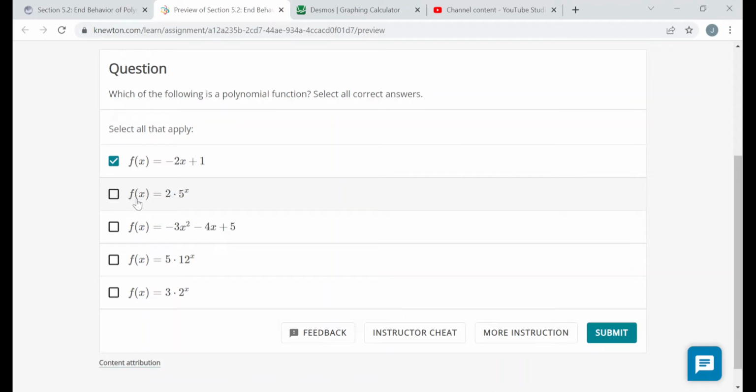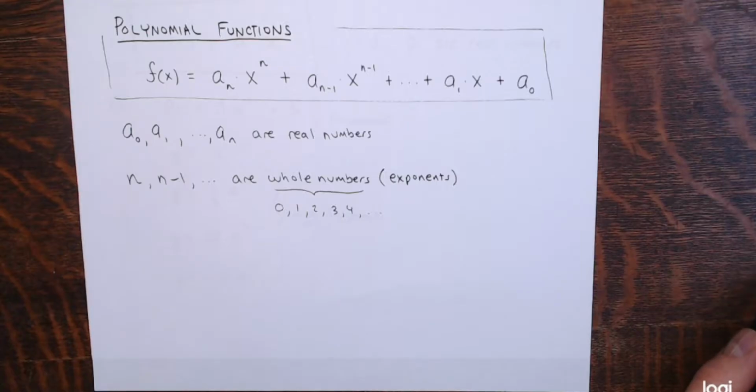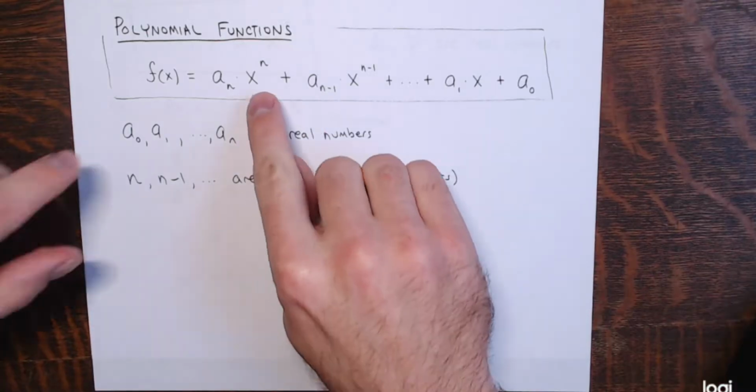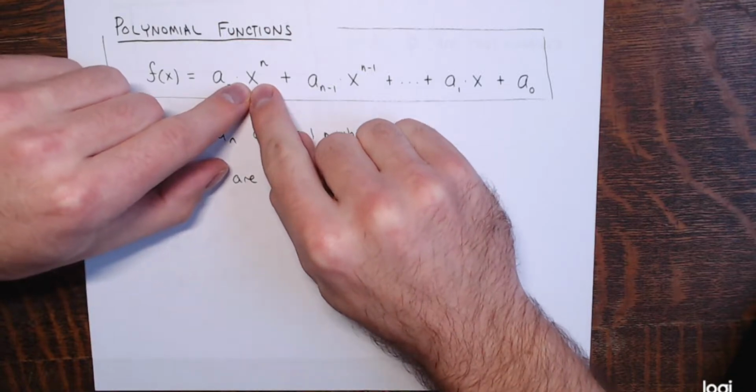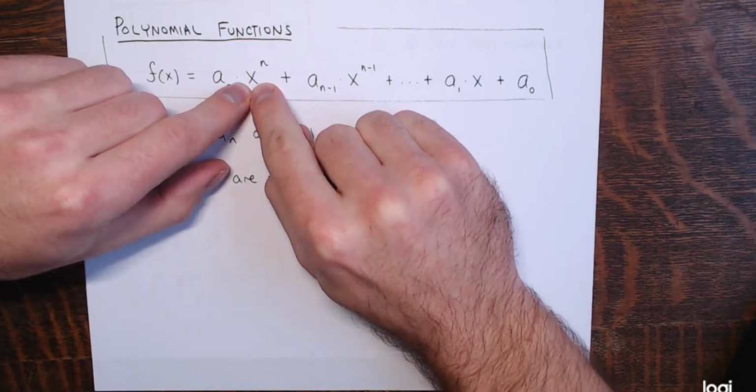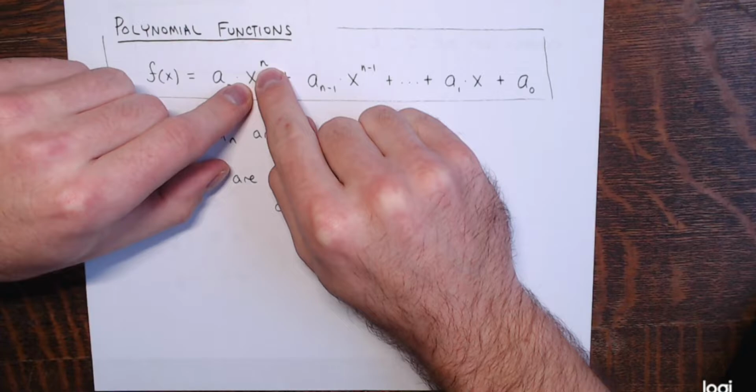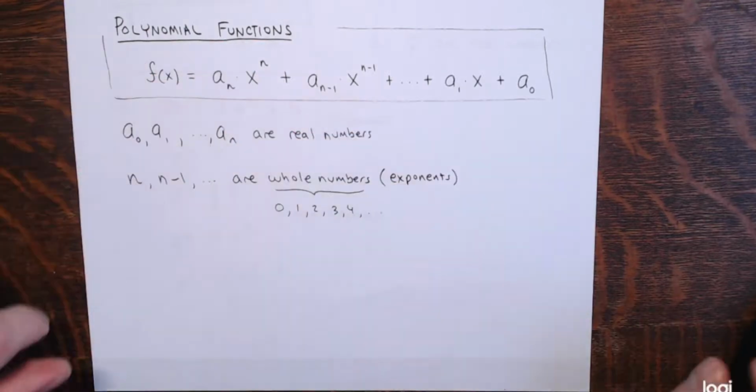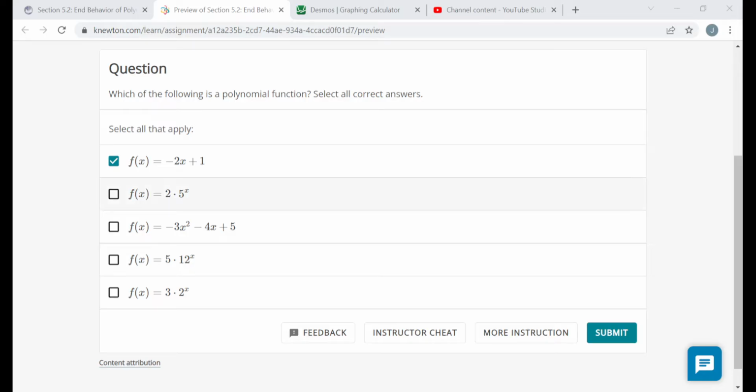Second one, f of x equals 2 times 5 to the x. Now, notice, right, in these polynomial functions, the variable is the base, and then you have a number exponent, not the other way around, right? Here, there's a number in the base, and the variable's in the exponent.